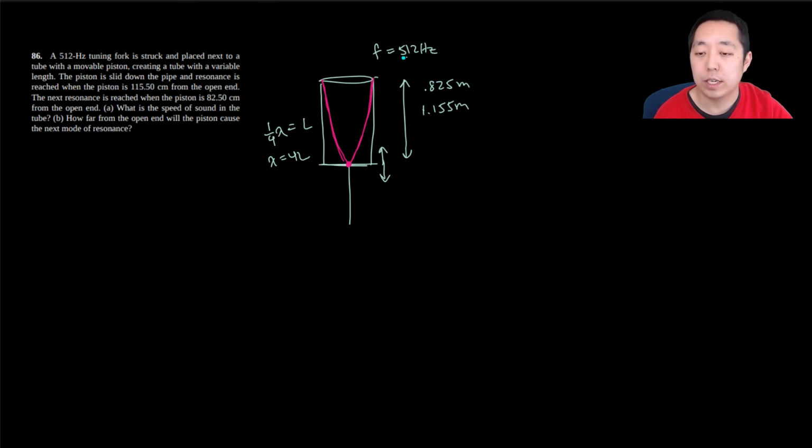I wonder if I can calculate what v is, for example. v is equal to lambda f. I'm just curious what 4 times 1.155 times 512 would be. Okay, it's probably not that high of a wavelength then.